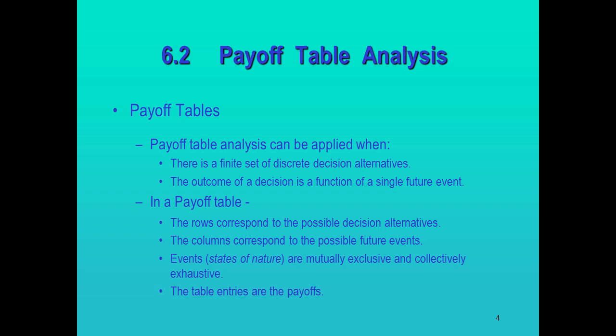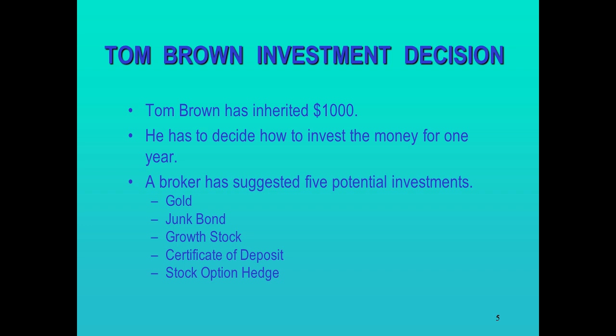All right, so the best way to explain this is a little table here. Okay, Tom Brown has inherited $1,000, and he has to decide how to invest the money for a year. Okay, he has, I know I think in our TIA prep there's about 18 or 30, which is a lot of investment options, but we'll say Tom only has 5 choices where he can put this $1,000.